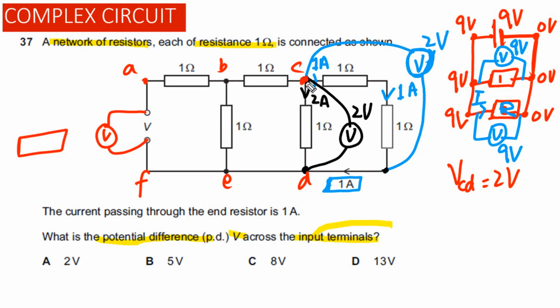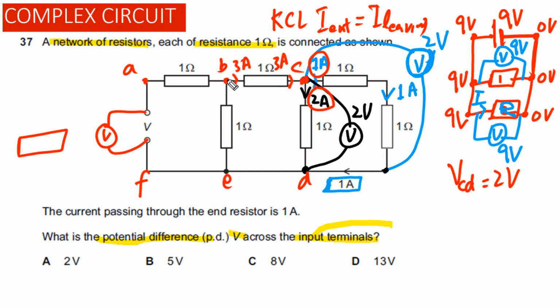How much current is entering into this junction? According to KCL, we can simply say I entering has to be equal to I leaving. So current leaving is equal to 2 plus 1. So current entering is equal to 2 plus 1, which is equal to 3 amps. So current at this point we can also say is equal to 3 amps.